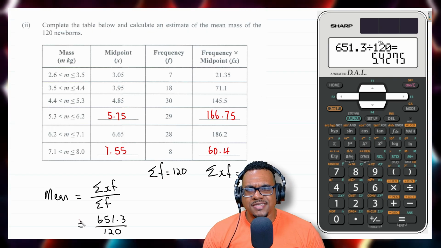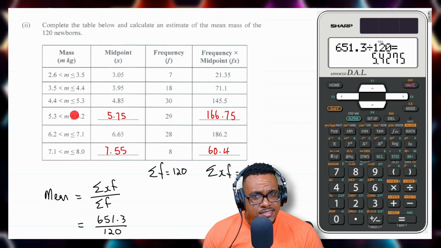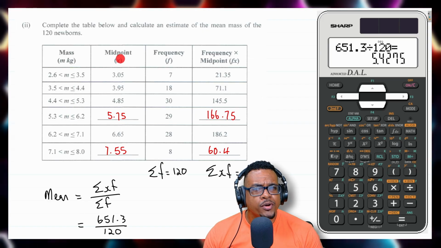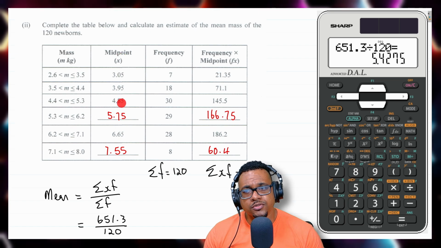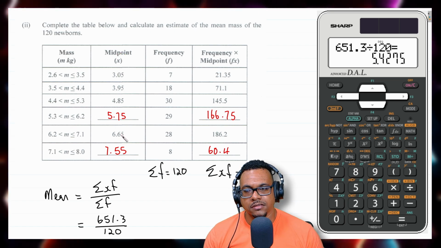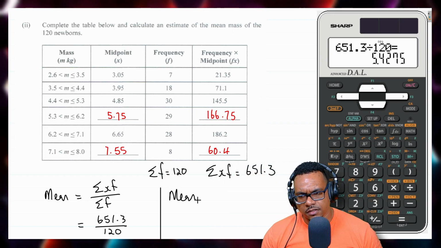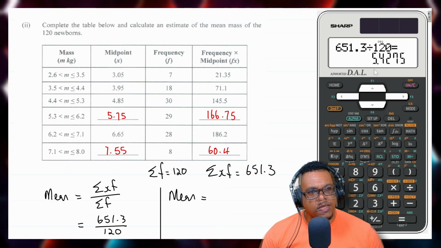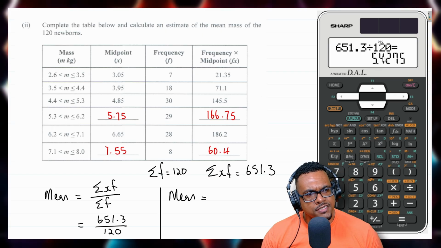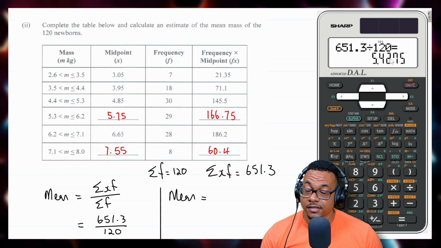Now, seeing that the mass here was given to 1 decimal place, and the midpoint of the mass was given to 2 decimal places, I would approximate the mean mass to 2 decimal places. So the mean is equal to, and if we look here, we have first decimal place, second decimal place is this 2. After the 2 is a 7, therefore this 2 goes up by 1, and I have 5.43 kilograms.